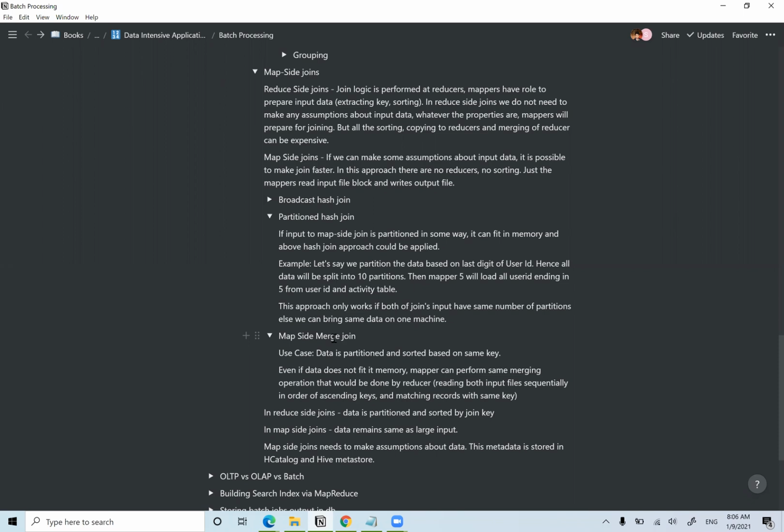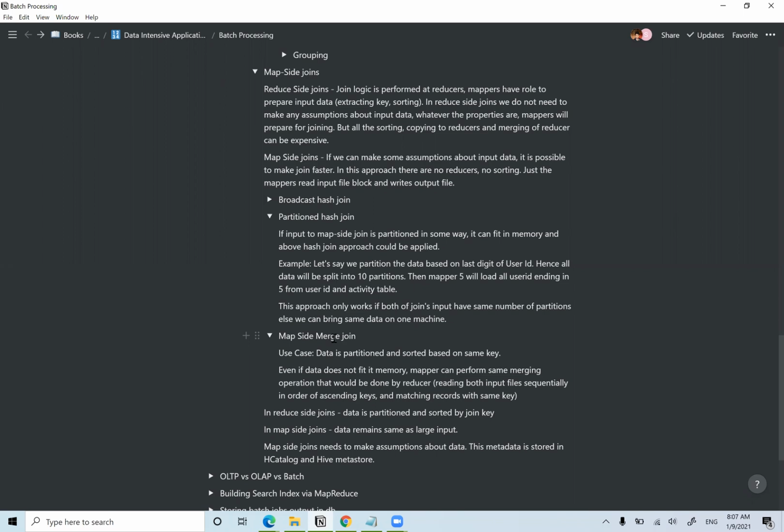They gave an example where, if you partition both your data sets, activity and user information, by user ID ending with 3, then we can have all the data from user information with user ID ending with 3, and activity also where user ID is ending with 3, and then they can be joined easily.